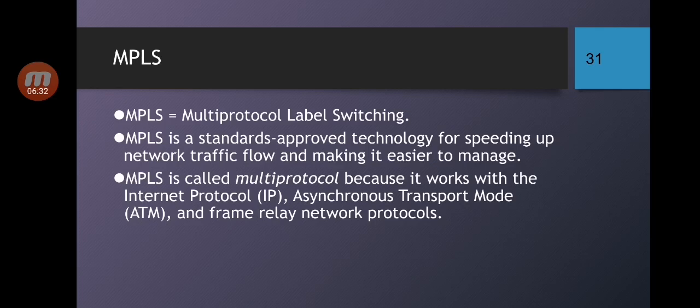MPLS is a standard approved technology for speeding up network traffic flow and making it easier to manage. MPLS is called multi-protocol because it works with the Internet Protocol IP, the asynchronous transfer mode ATM, and the frame relay network protocols.